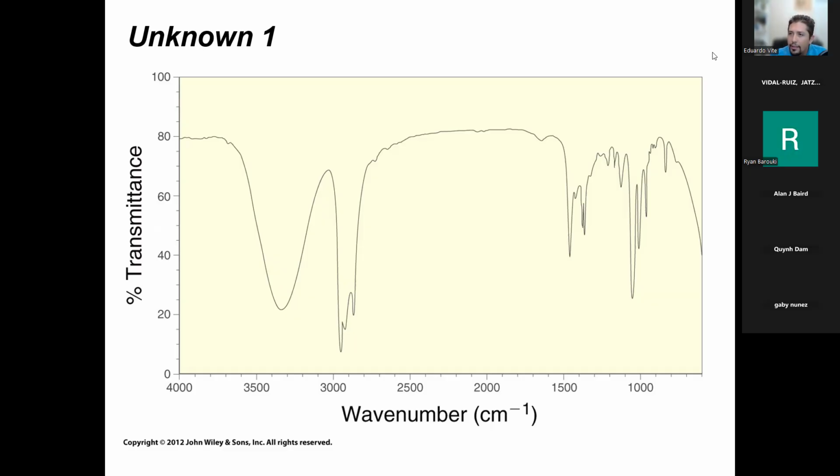And I don't know if you typed that up earlier or not, but CH stretches around 3000. That's right. So again, at around 3000, 2900, you have the stalagmites. These are just your CH stretches, always present. And then here you have a broad, strong signal between 32 and 35 hydroxyl. Alcohol for sure. Very smooth, right?